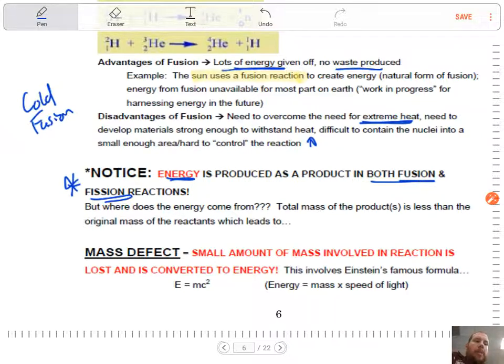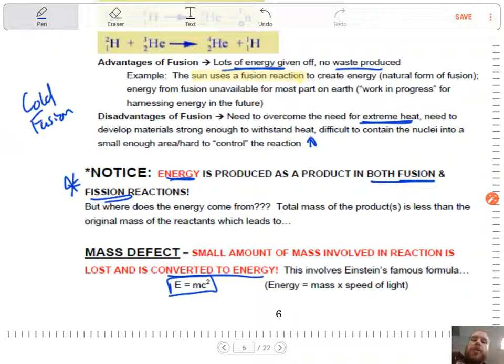The total mass of the products is less than the original mass of the reactants, which leads to this thing called a mass defect, where a small amount of mass involved in the reaction is lost and converted to energy. Here's that famous equation, E equals mc squared, that Einstein and his colleagues developed, where mass is converted into energy, and this is where it takes a lot of energy to do this at the right conditions, but essentially that's what's going on.